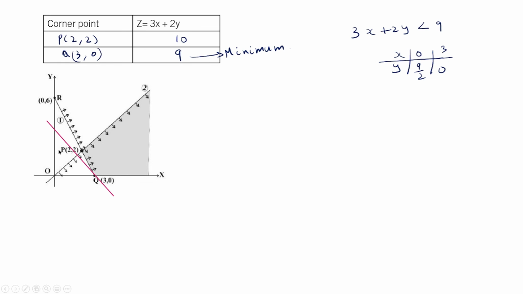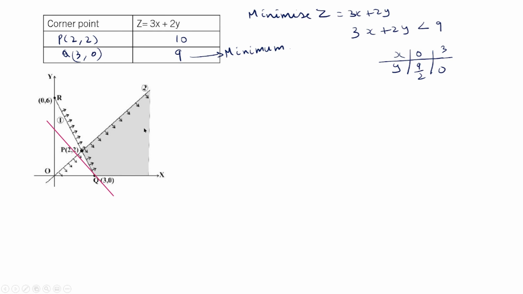So this is the line 3x plus 2y equal to 9. Now the region corresponding to 3x plus 2y less than 9. Here we have to minimize z is equal to 3x plus 2y.